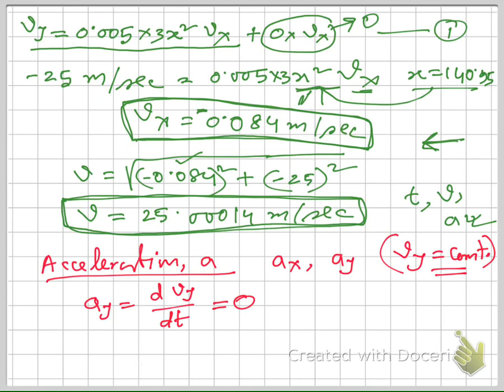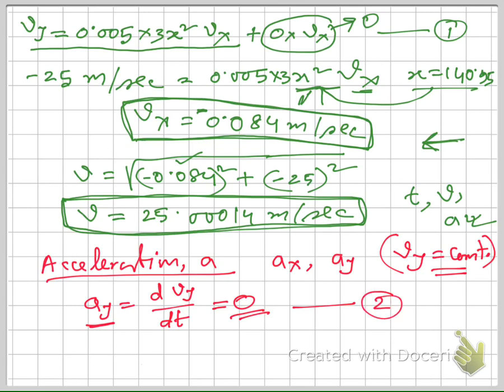So since the ay component is 0, we can use this ay. If we can connect ay with other variables, then we may be able to solve easily. So that will be our second equation to use.